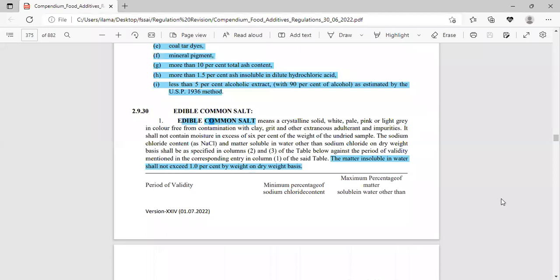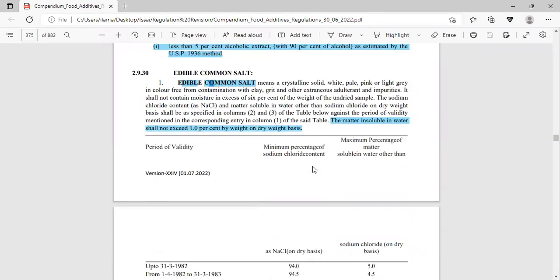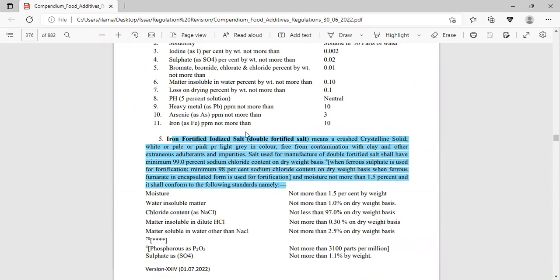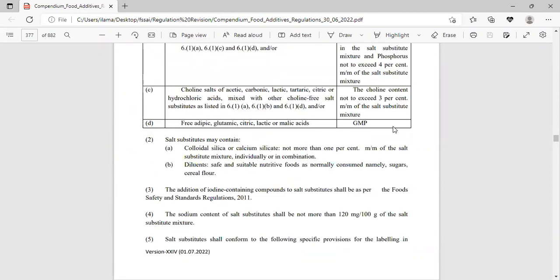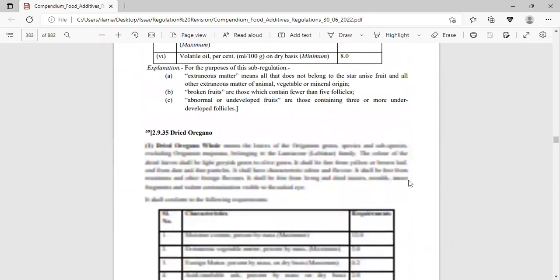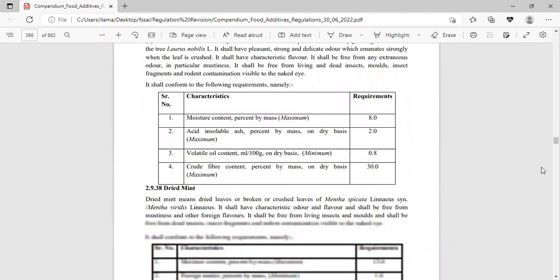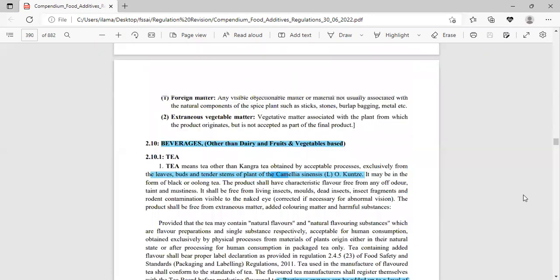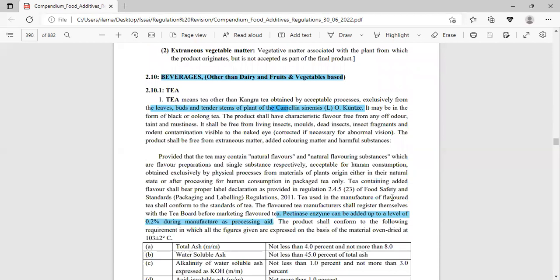Here in common salt, the insoluble matter shall not exceed 1% by weight. And in iodized salt, we have already seen this in the fortification regulation. Just go through what tea is, and in tea, pectinase enzyme can be added up to 0.2 percent as a processing aid.